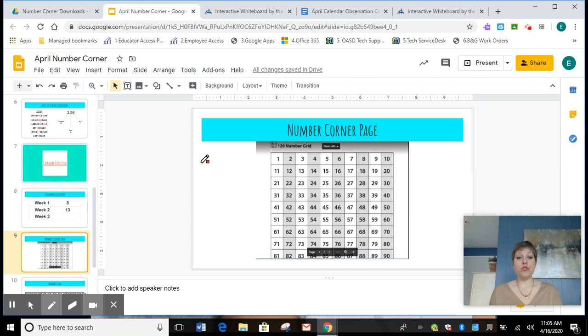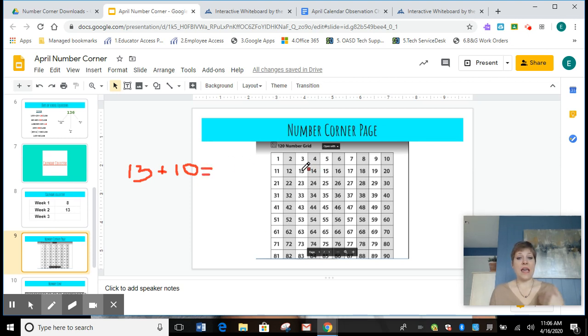For example, you might see an equation that looks like this in the Seesaw activity. You might see something that says 13 plus 10. And you are going to need to solve it. And you might say, circle that in green.